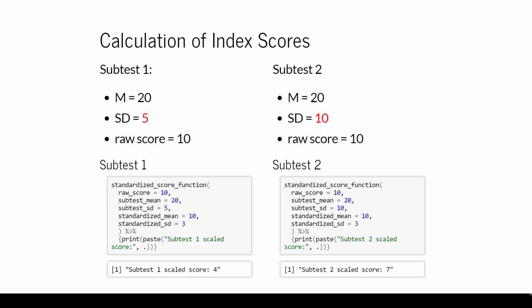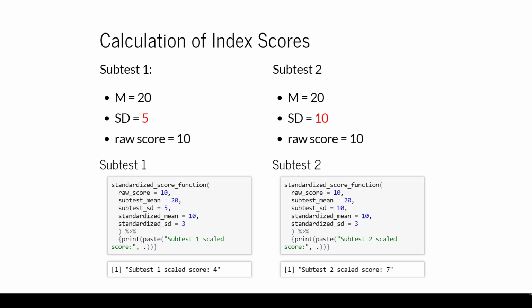Let's consider an example. We'll use that function to look at what happens with someone who scores a 10. Let's say on this particular test, we find that the mean of everyone who took the test is 20.